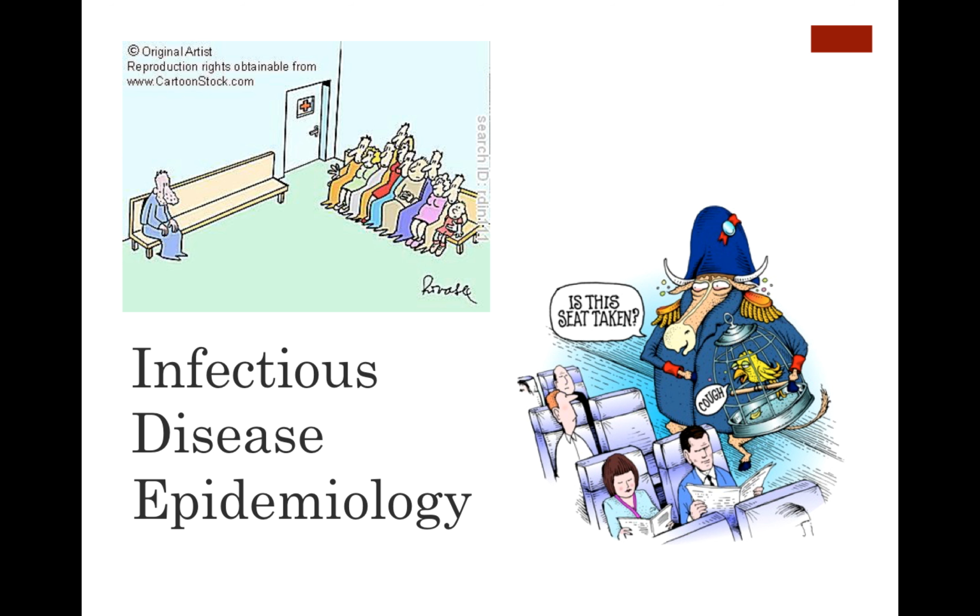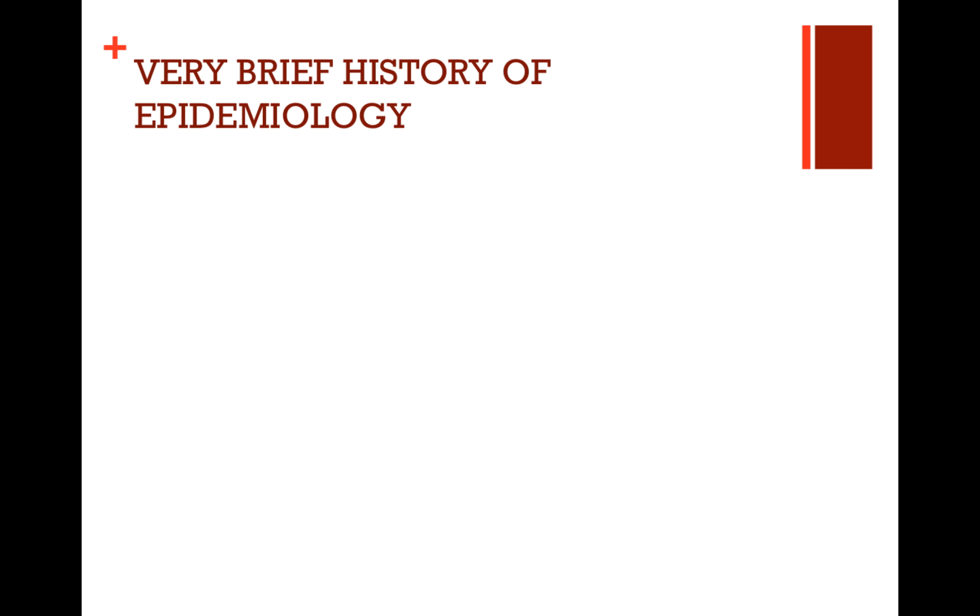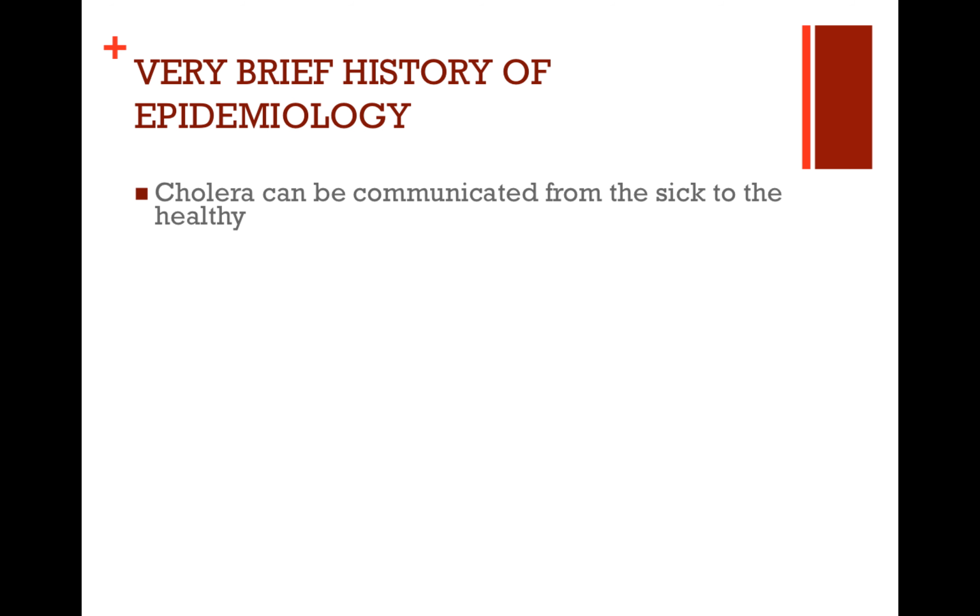And speaking of cholera, we have here John Snow, who is considered to be the father of modern epidemiology. John Snow observed that cholera epidemics followed major routes of commerce and warfare, and that cholera almost always appeared first in the seaports. And I will give you a very brief history of epidemiology now.